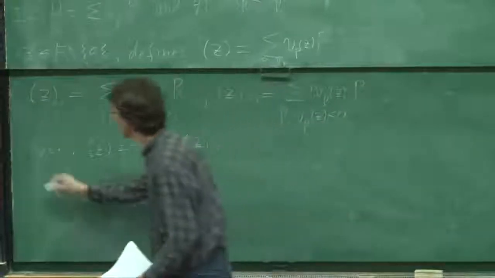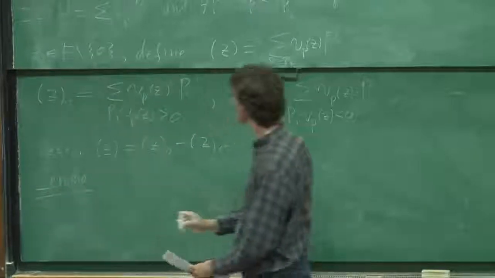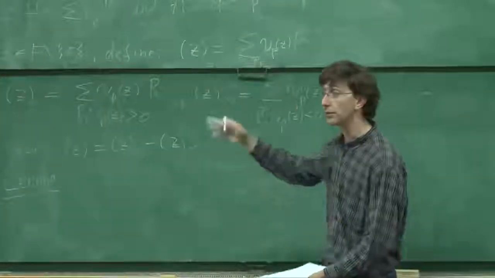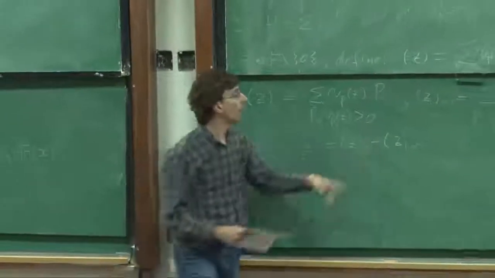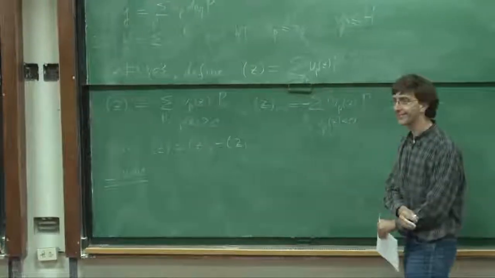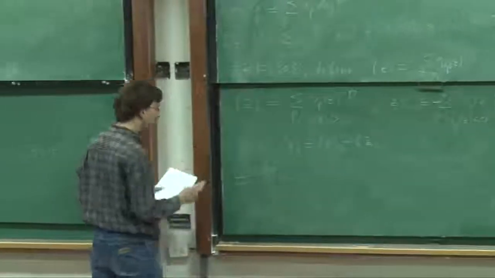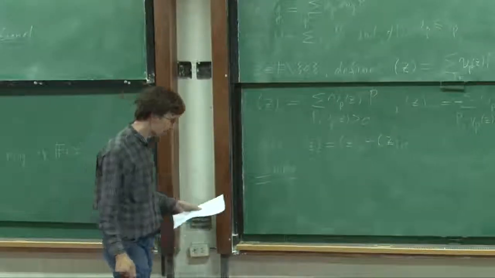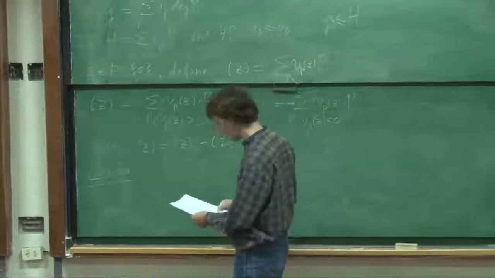And then there's a very basic lemma which tells you something about the degree of these two. Plus or minus? This? Yeah. Thank you. So there's a very basic lemma which tells you exactly what the degree of these two are.